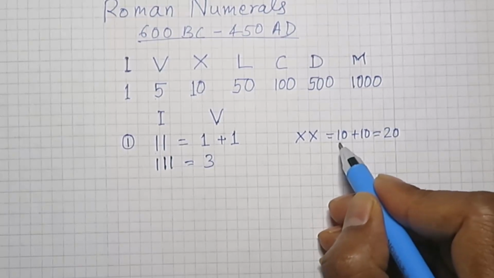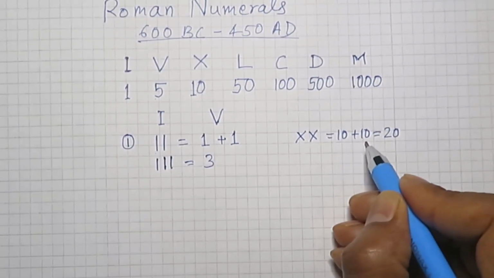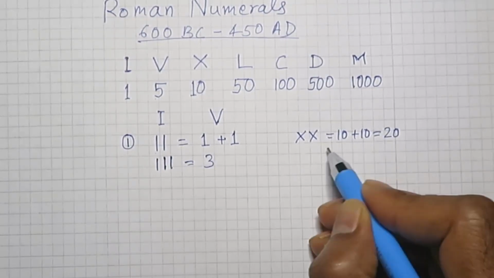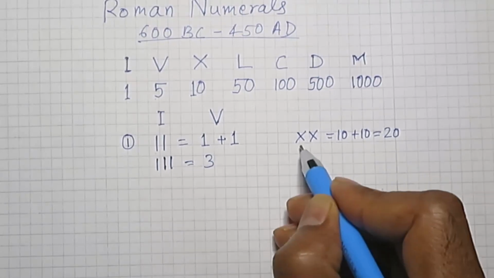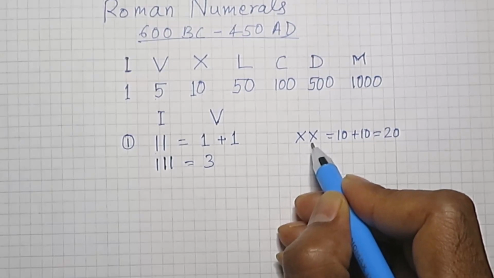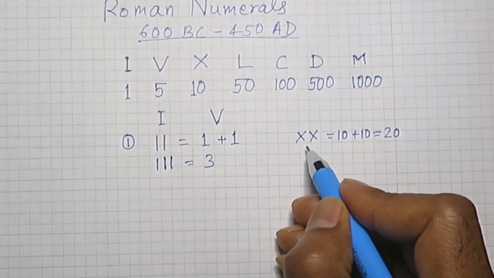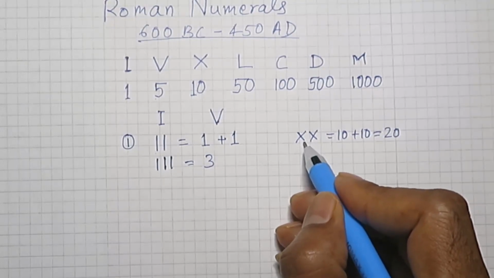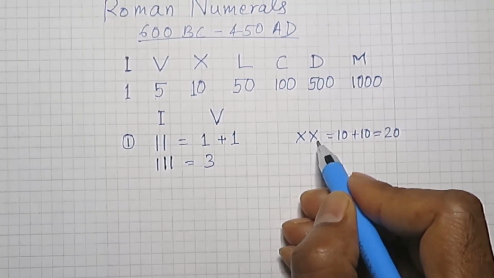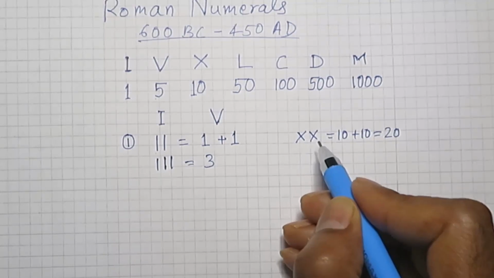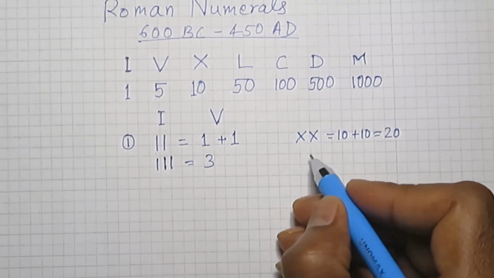So in today's time we use these Hindu-Arabic numerals, so it is very easy to understand. But in those times, the Romans had to use XX, and in their mind they had to understand that it is 20. X is 10, and then another X is 10. So it is 20.